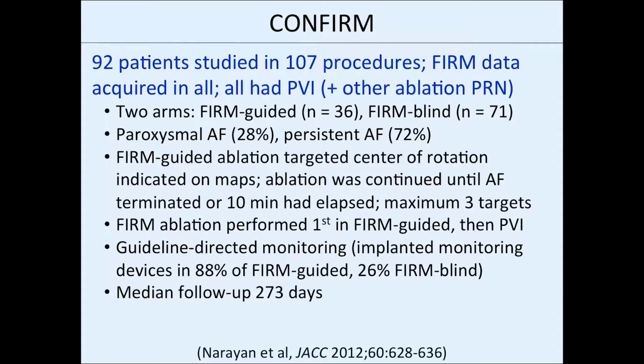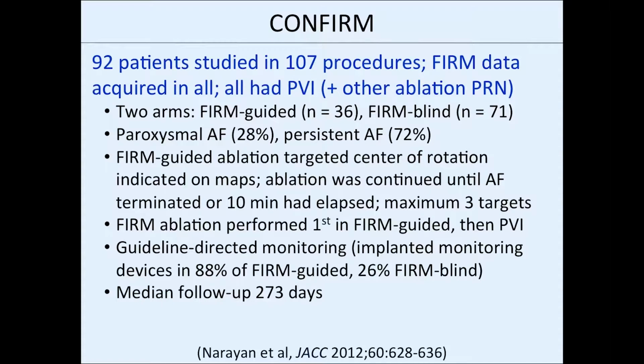There was a FIRM-guided arm in which the maps were used to actually guide where ablation was done, and in another arm, a larger portion of the series, data was collected from FIRM mapping, but ablation was performed based on pulmonary vein isolation only in those cases, and there was a retrospective analysis as to where the sites of rotation were. About 3/4 of these patients had persistent atrial fibrillation, the rest paroxysmal.